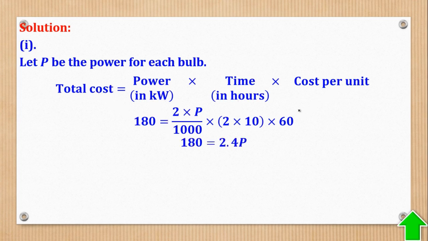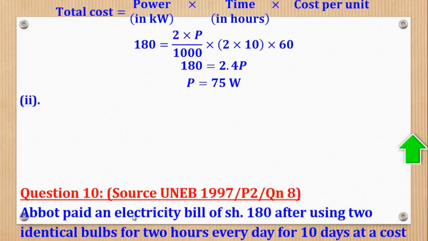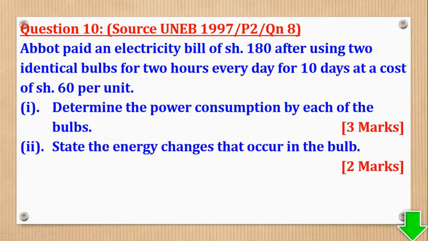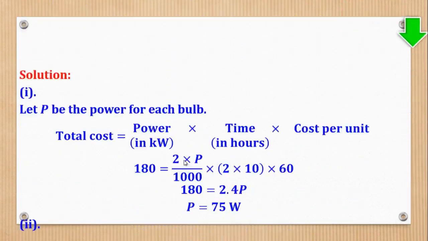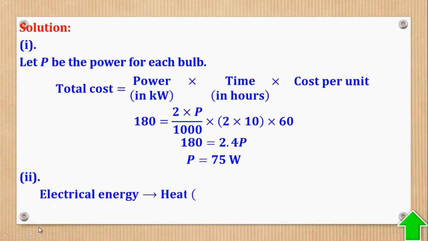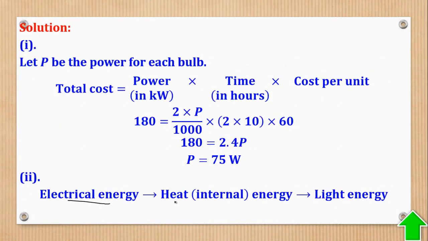Then simplify and make P the subject. Then for Roman 2, they wanted you to state the energy changes that occur in the bulb. So electrical energy is converted to heat or internal energy, which is converted to light energy.